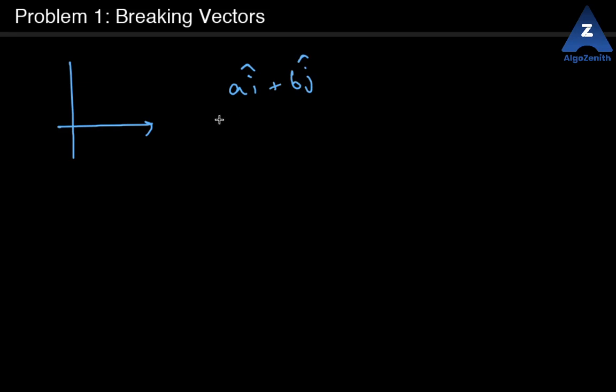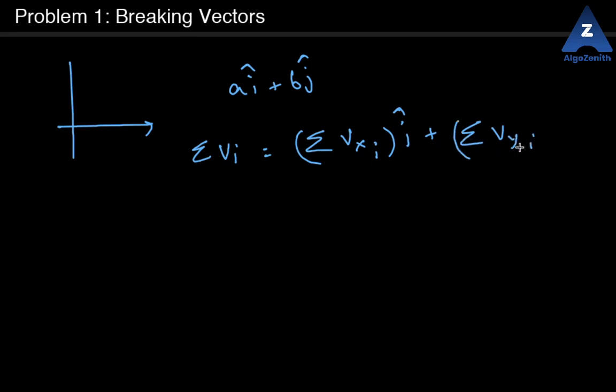So when you add a lot of vectors together, the summation of all vi vectors will actually come out to be the summation of vx i times i cap plus the summation of vy i times j cap, right? So this is what it will finally give you, right?